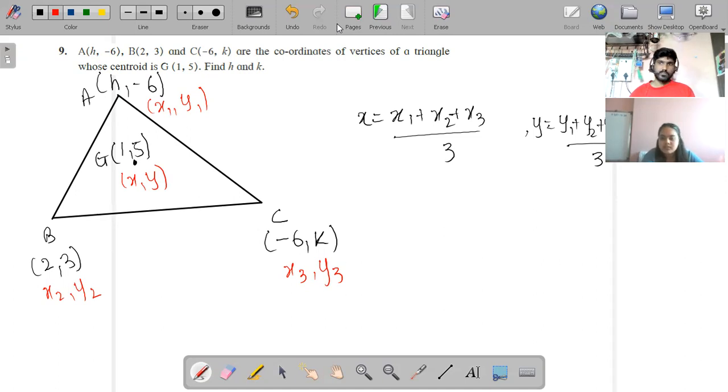H equals to 7. Let me just check now. Shall I do the next one, y first? Yes. Do the y one. I'll check.